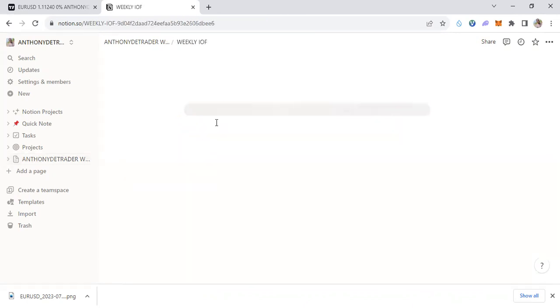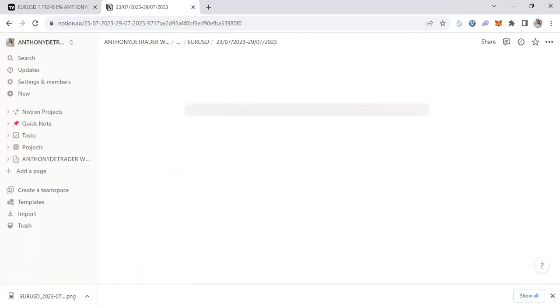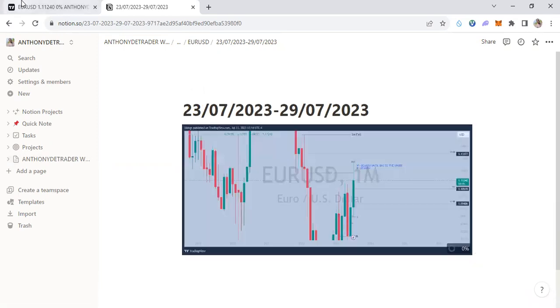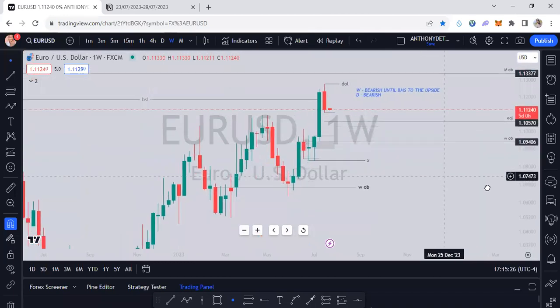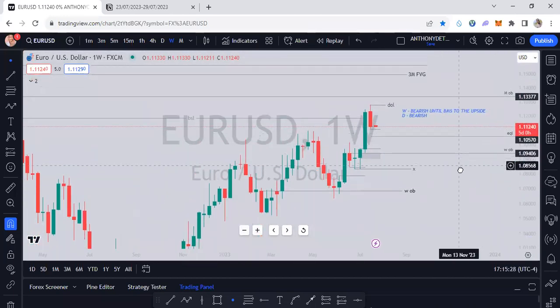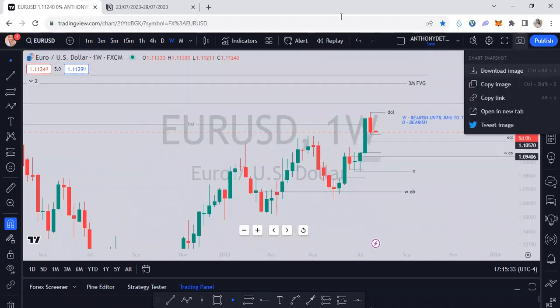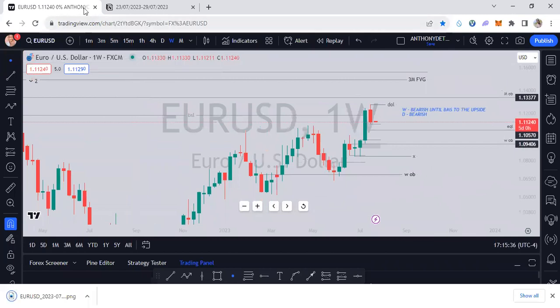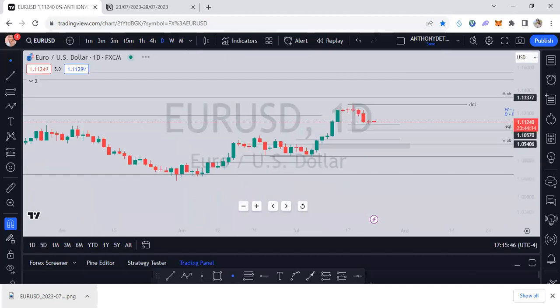So on the weekly IOF, going to EURUSD, this for this week. So I'll just drag it and put it here. So let's go to the weekly time frame. Let's make sure we get all of this. Take another snapshot. Then go to the daily time frame.